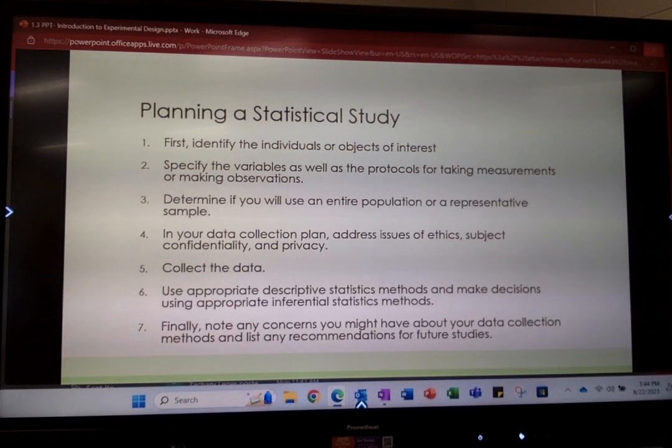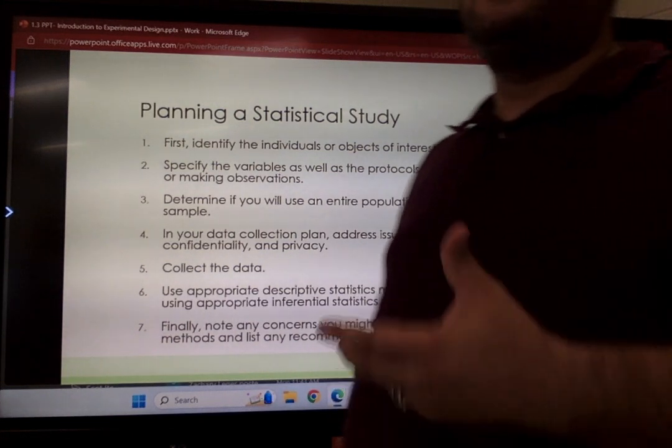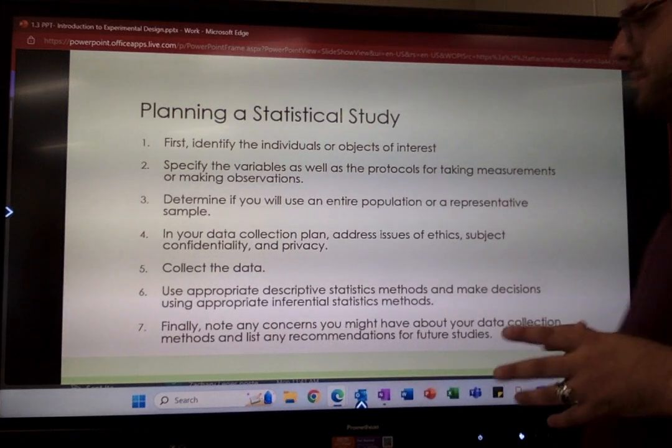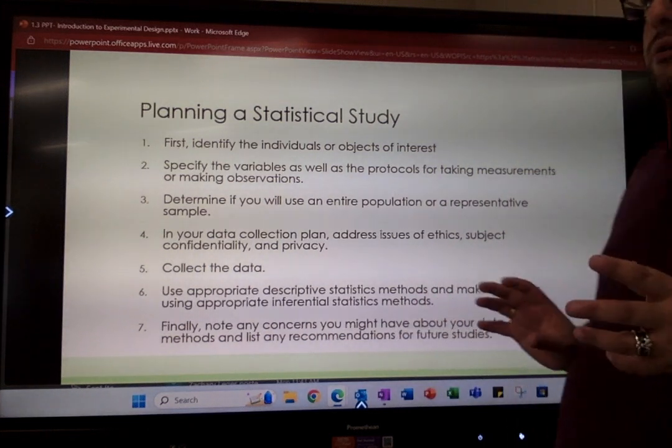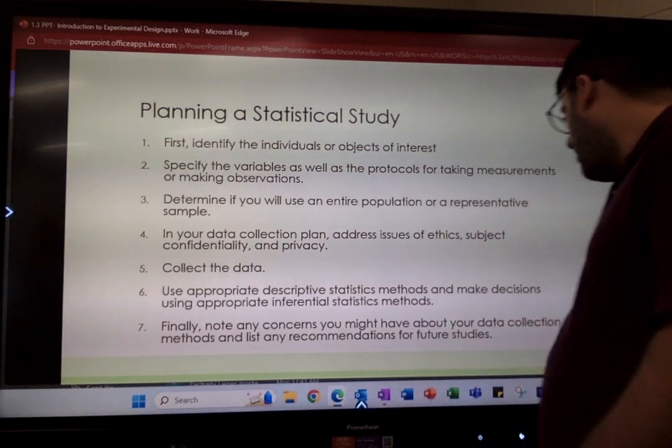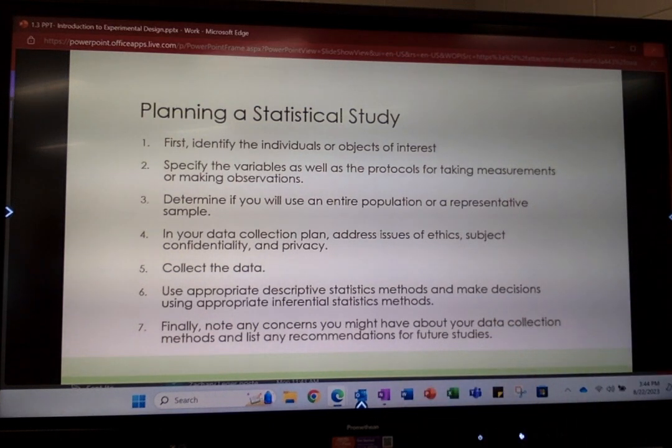Or were there any sampling errors that I made to tell me that I should study a larger population in the future, right? That last step is meant for us to give an honest evaluation about our study. Were there any concerns about the methods that we used? How do we fix those issues in the future?